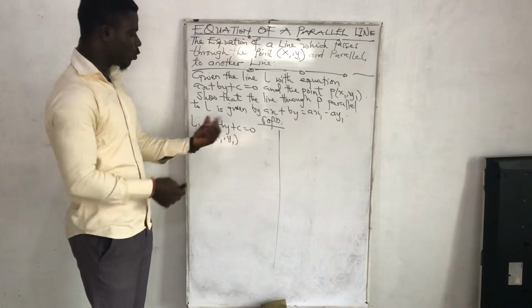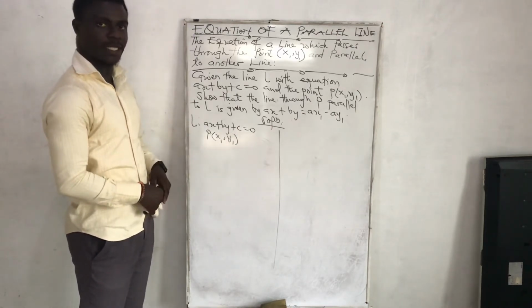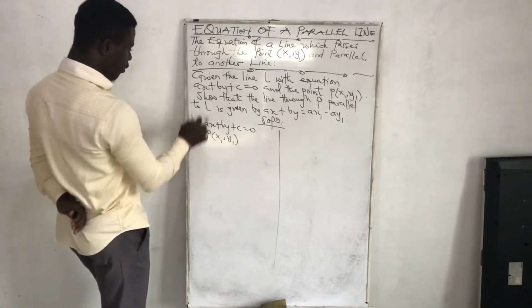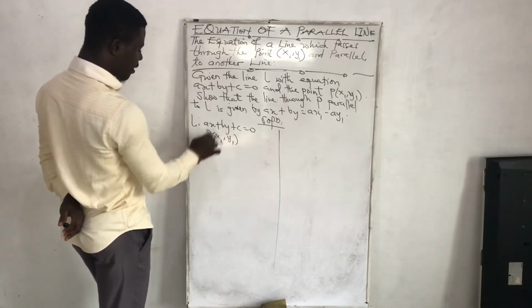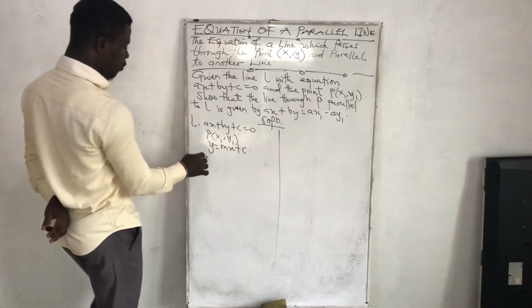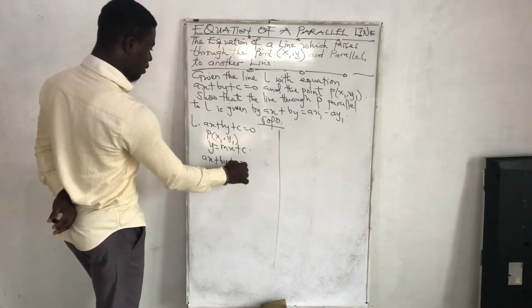If it is parallel to that, then we have to find our gradient from this line, right? So let's find the gradient. I have to express it in the form y equals mx plus c. So now I have ax plus by plus c equal to 0.